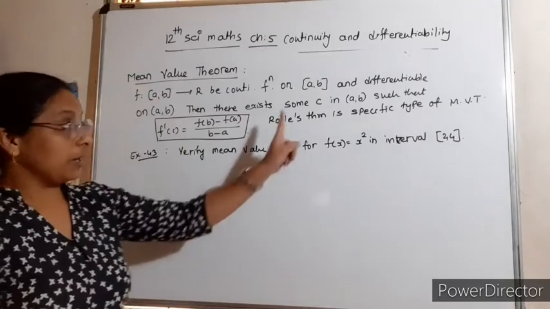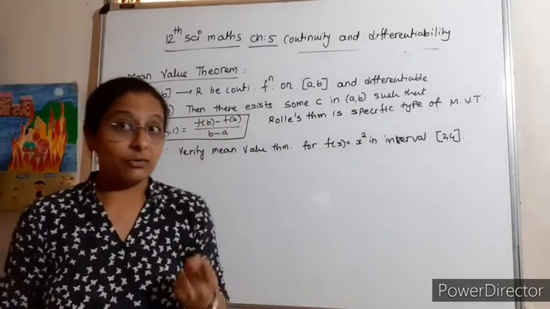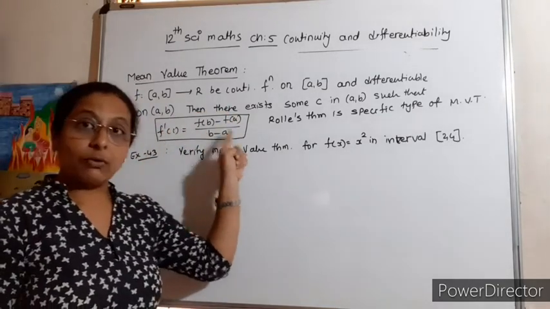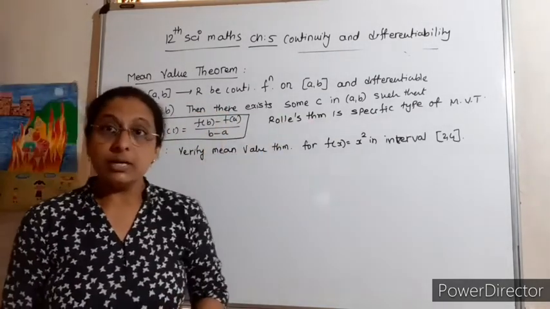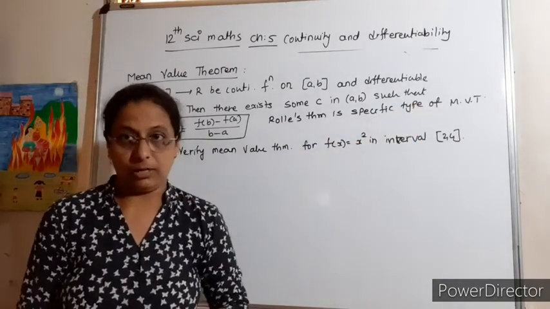When f of b is equal to f of a हो जाता है, then it becomes 0, therefore f dash c equal to 0, and that is called Rolle's theorem. So Rolle's theorem is a specific type of mean value theorem.